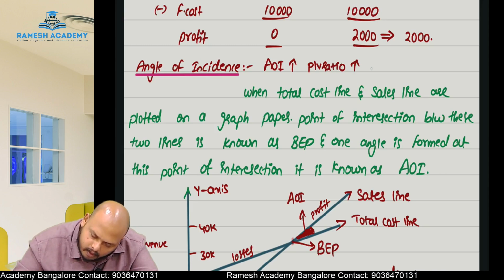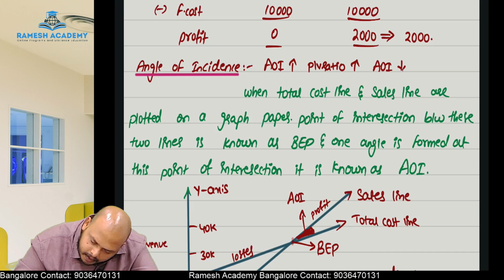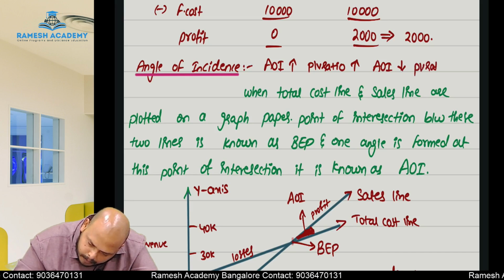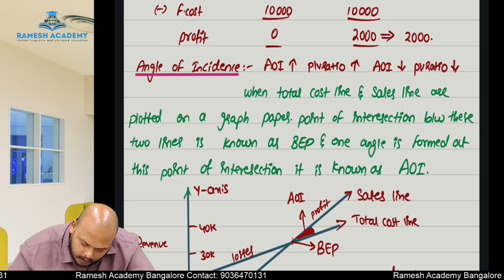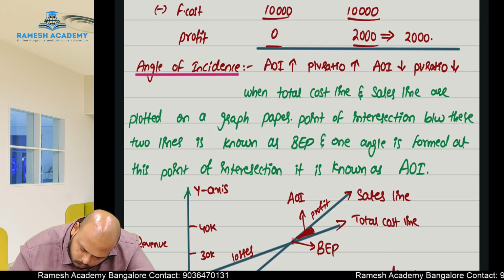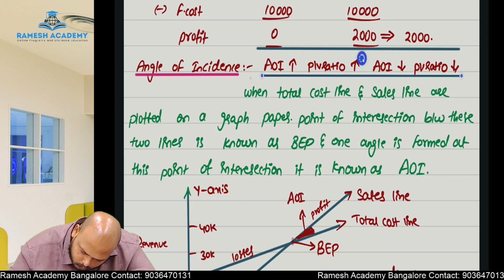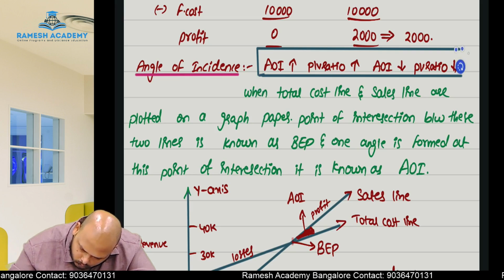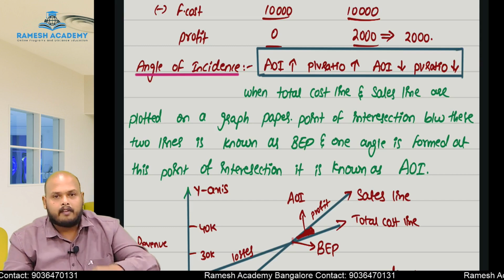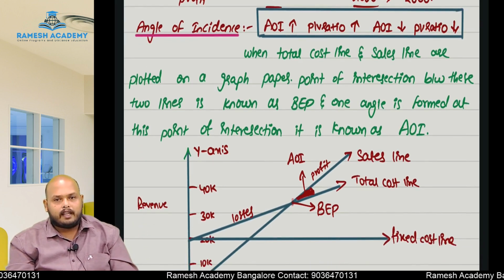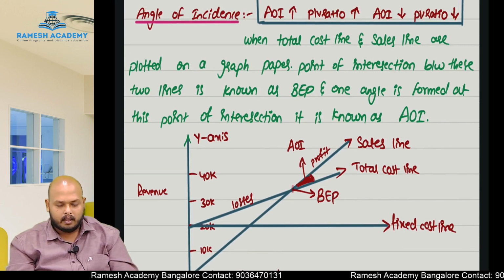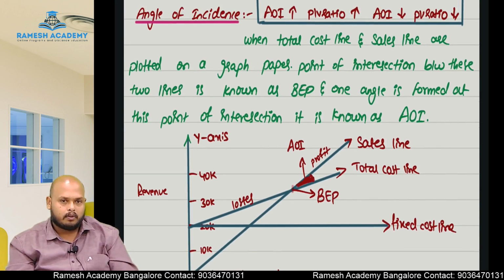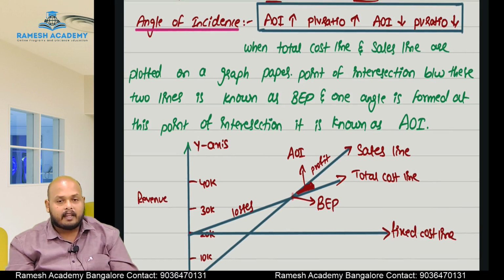If angle of incidence decreases, PV ratio also will decrease. This is the relationship between the angle of incidence and PV ratio.